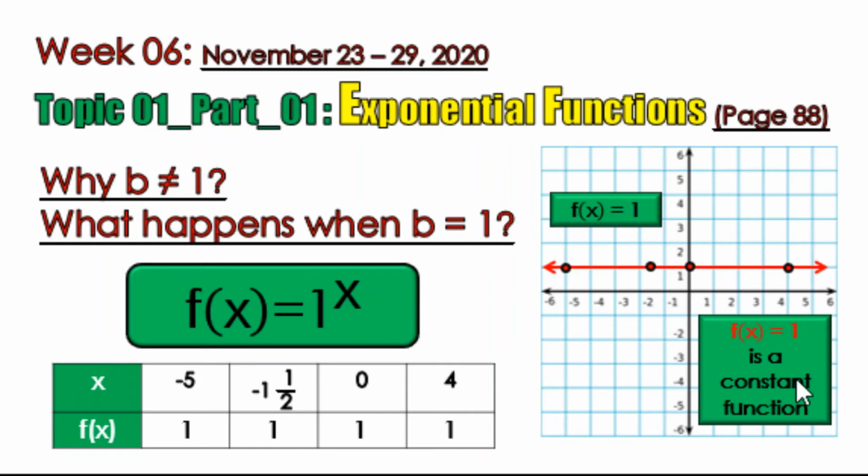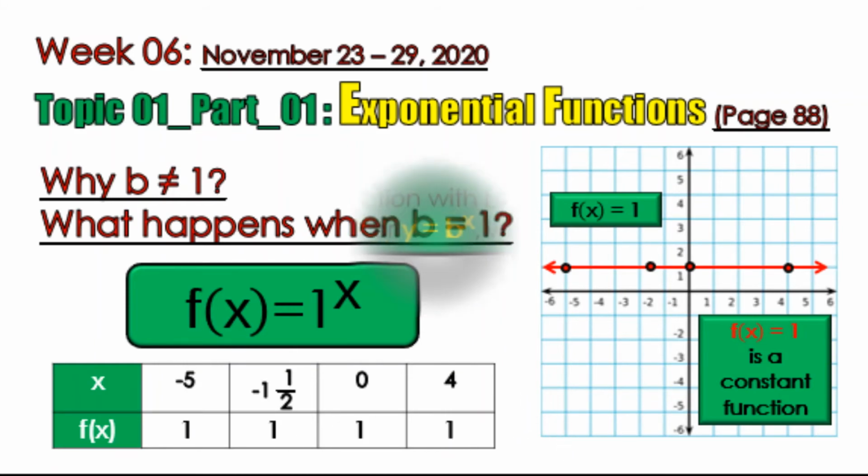And a constant function is a polynomial function of degree 0. So that is why there is a restriction for the value of b, which is not equal to 1, because if b is equal to 1, the value of your function is constant, which is 1.